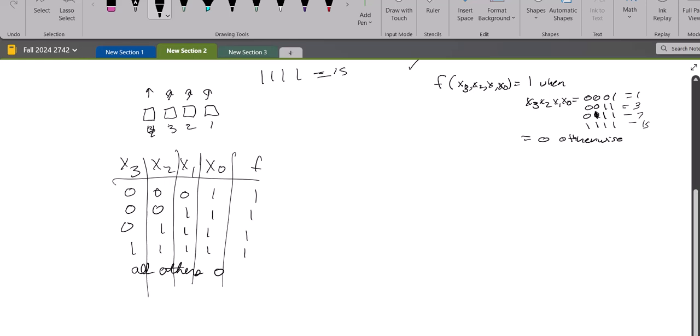So you could design a regular circuit just using regular gates to do that. So this is the sum of the min terms. So F is the sum of the min terms 1, 3, 7, 15. So if you wanted to, you could do a K-map.